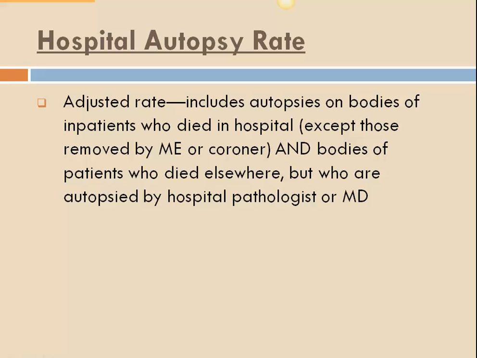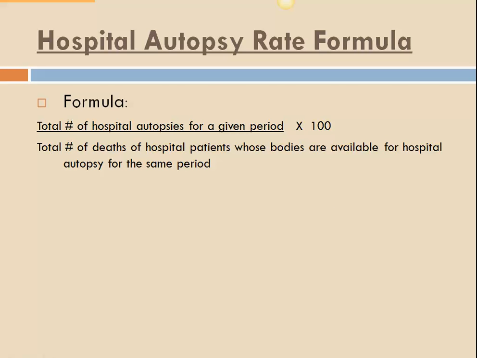Okay, the hospital autopsy rate. This is another adjusted rate. It includes the autopsies on bodies of inpatients who died in the hospital, except those that were removed by the ME or the coroner, and bodies of patients who died elsewhere but who are autopsied by the hospital pathologist or MD. So if you'll remember those two definitions that we talked about earlier in the presentation.